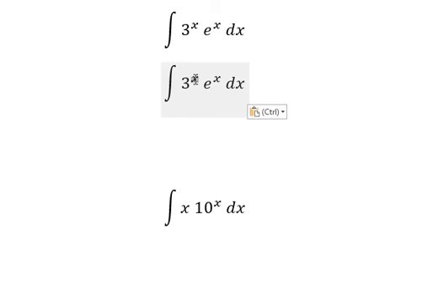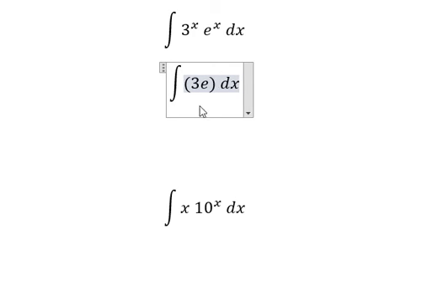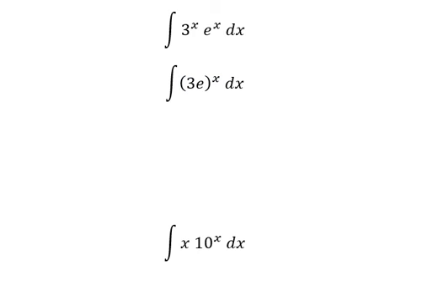Because we have the same power of s and s, we can put these together and you get 3e to the power of s. Next, we have the formula in here.